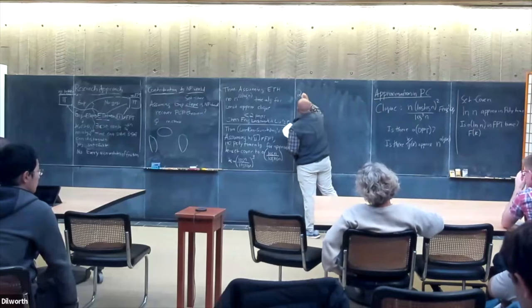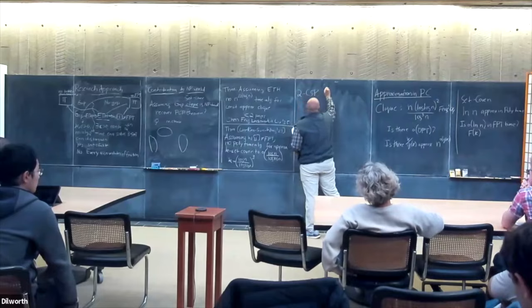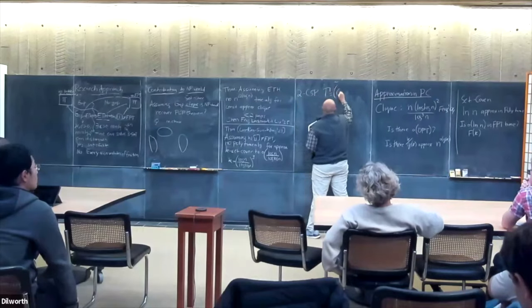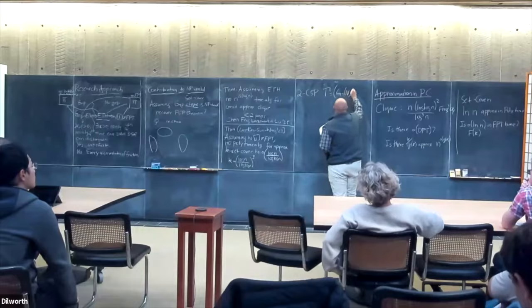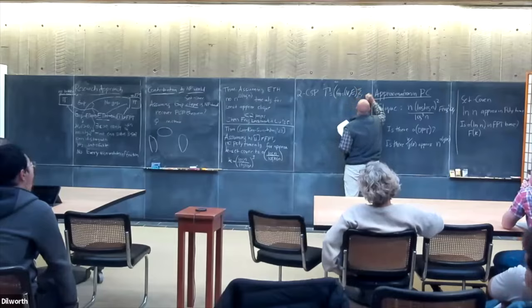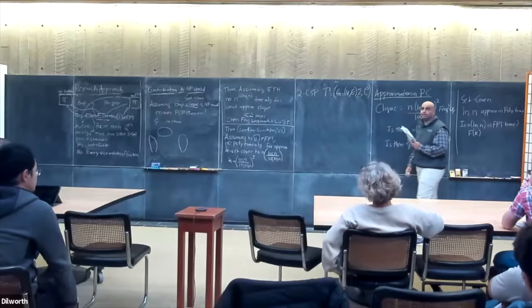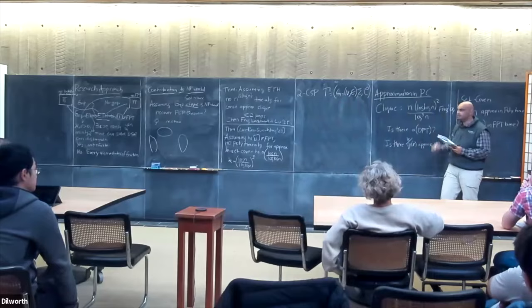So 2CSP. Here, given some constraint graph, you have some alphabet, and you have a set of constraints. So every edge is a constraint on 2 variables.